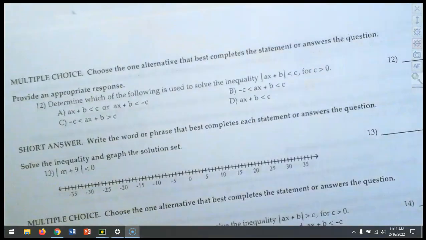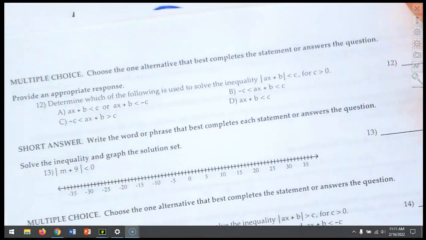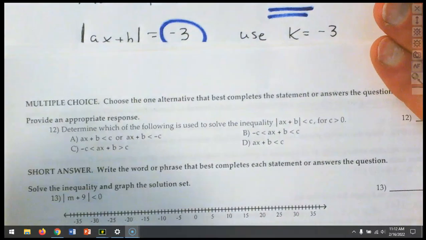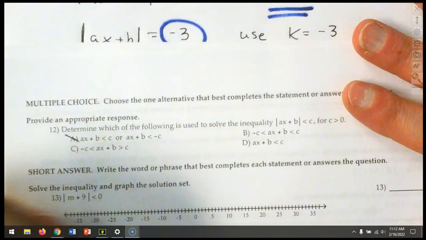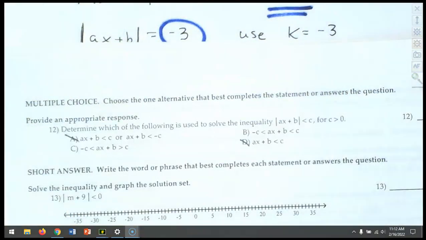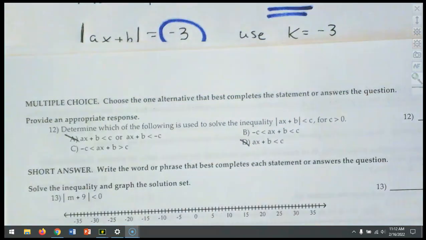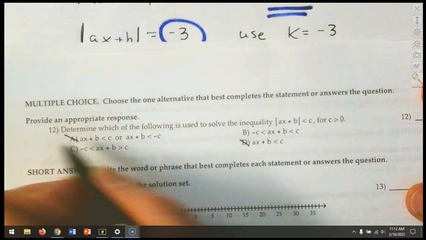So when we look here, we got to make sure that we get the correct one. We know for sure that it's not A and it's not D. Those don't even look right at all, so we know those are done. Now, what is the difference between B and C? Yep, they need to go the same direction.